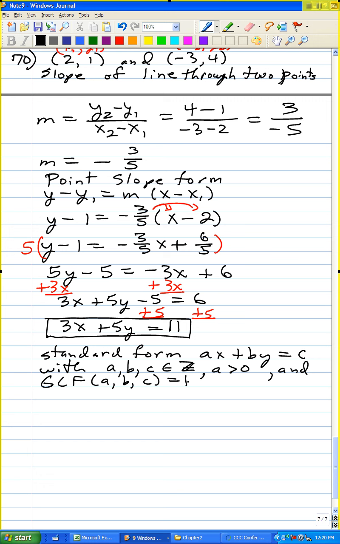And so I've written this uniquely with these added conditions that I've specified.